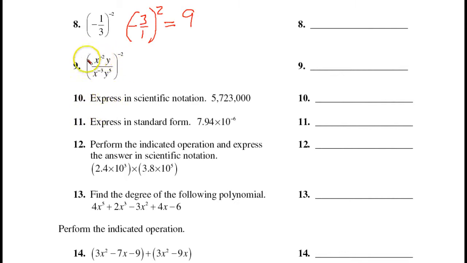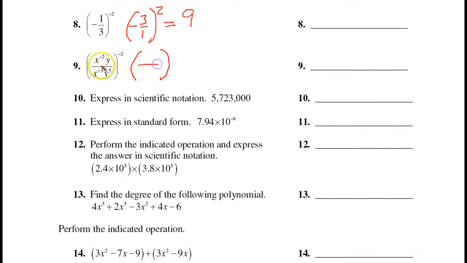Now, in number 9, again, there's a couple of ways to do this, but one of the things would be to get rid of as much canceling as you can inside here before you start. So this is going to go up as a positive 3 up here.